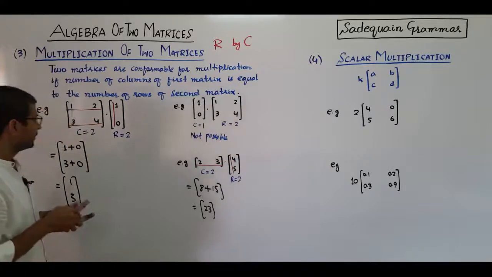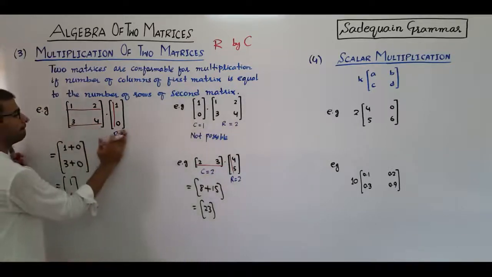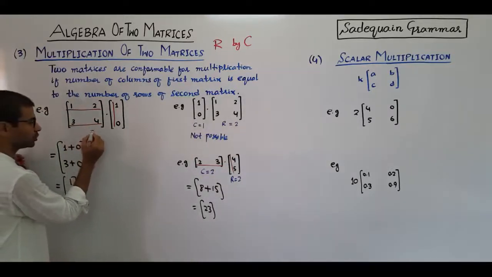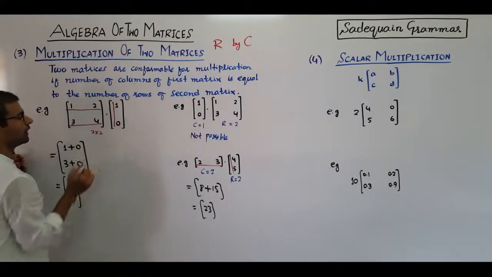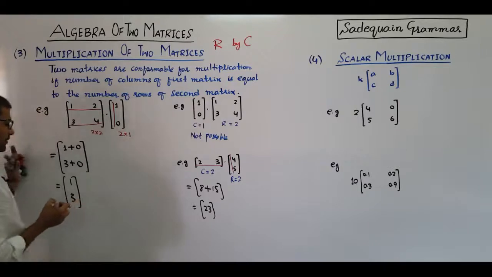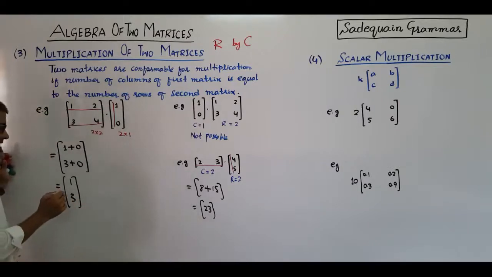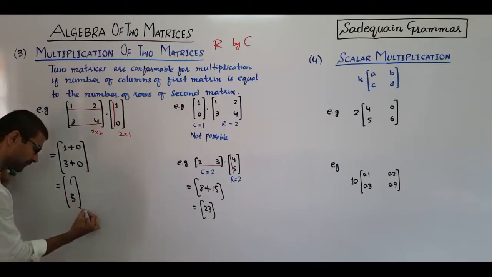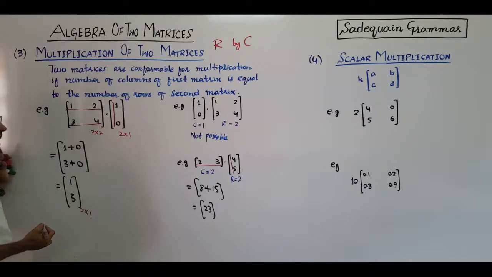Students, the order of this matrix is 2 by 2, and the order of this matrix is 2 by 1. Now observe the order of the resultant matrix: 2 rows and 1 column.